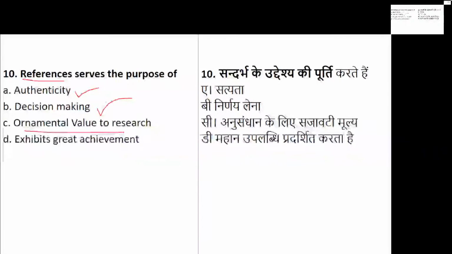Does it indicate ornamental value to research? Or does it exhibit great achievement? So what will it be considered? You are supposed to give an answer for this.